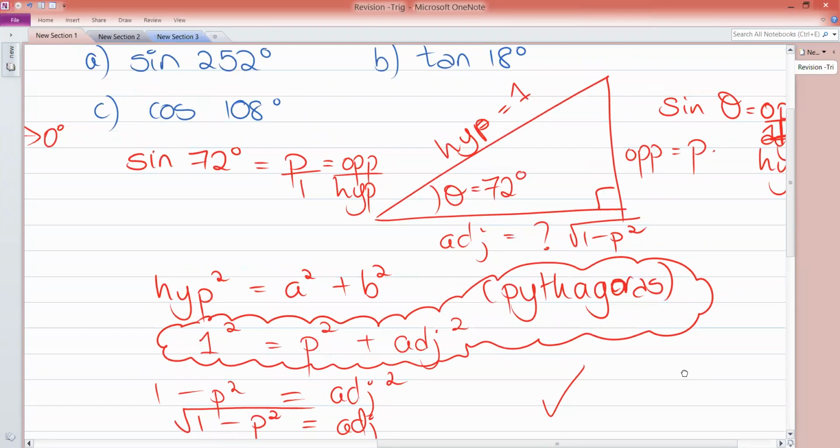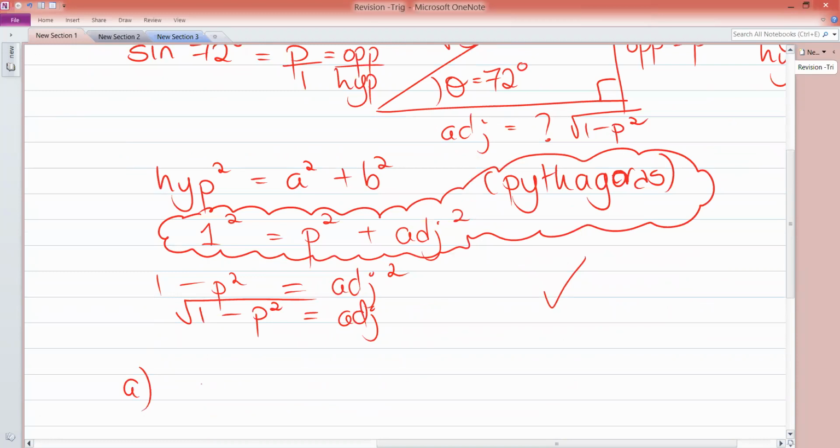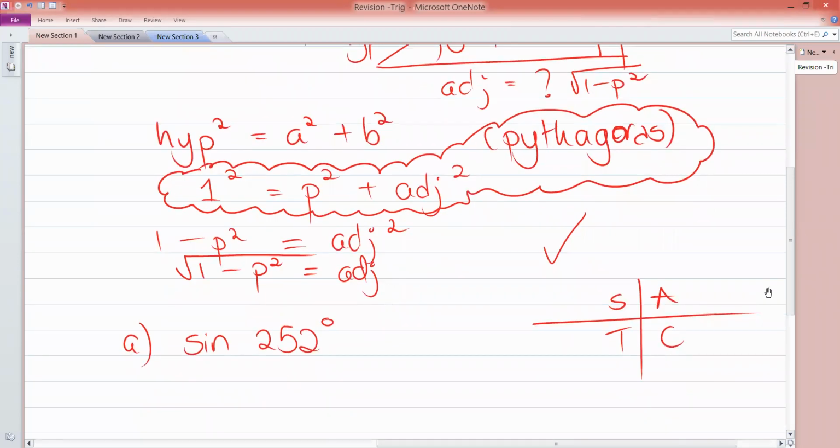Now, sine 252. So the first question, sine 252 degrees. Using your CAST diagram, which quadrant do you think this 252 is in, and how are we going to reduce that? It is in quadrant 3, ma'am. Perfect.